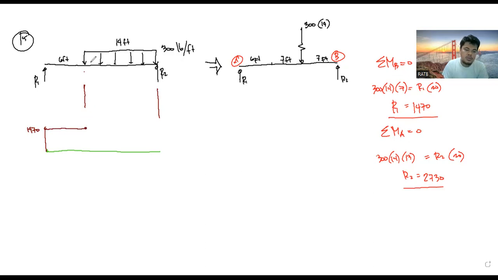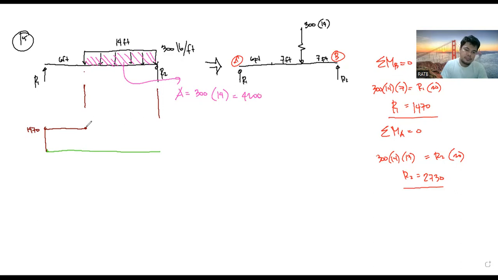Now for the horizontal distributed load, you start by having 1470 and then consider the area. The area here is 300 multiplied by 14, which is equivalent to 4,200.